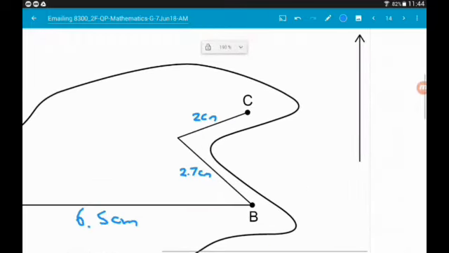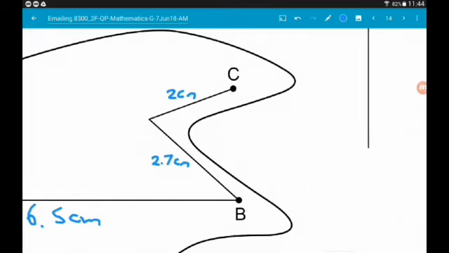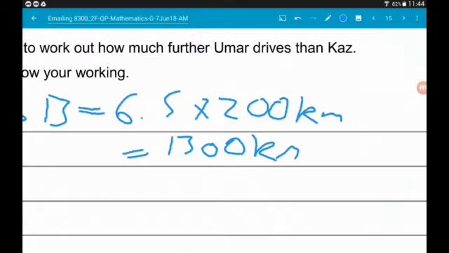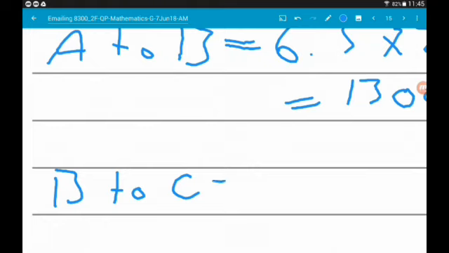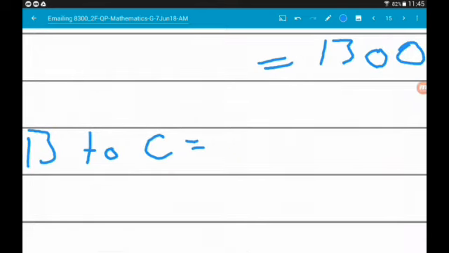Now Kaz, driving from B to C, drove, in terms of centimetres, 2.7 centimetres and 2 centimetres. So B to C is 2 add 2.7, which is 4.7 centimetres.